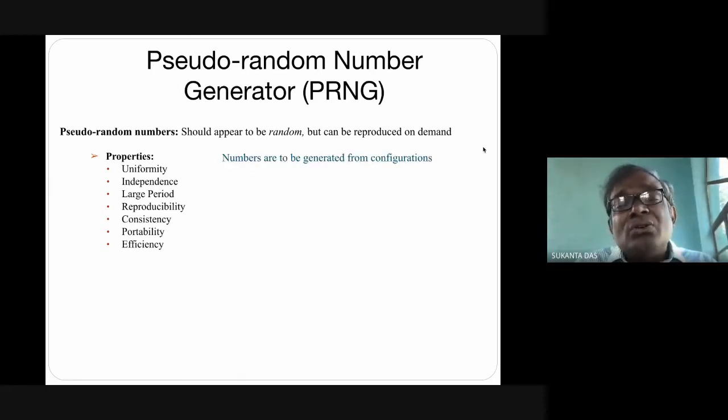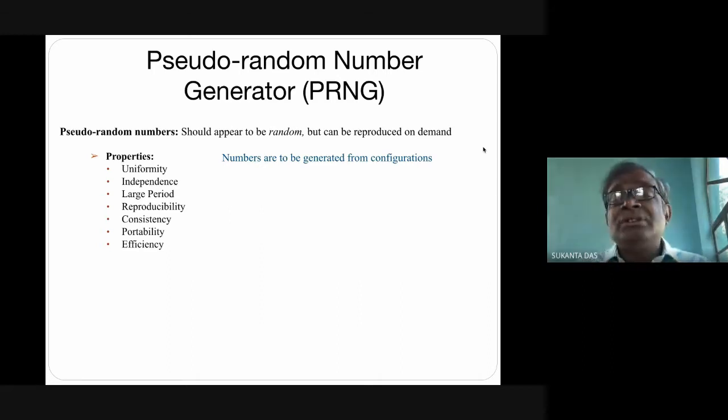How does a cellular automaton generate numbers? If we treat the configuration as a number, and the automaton generates configurations one after another, we can say that it can generate numbers.